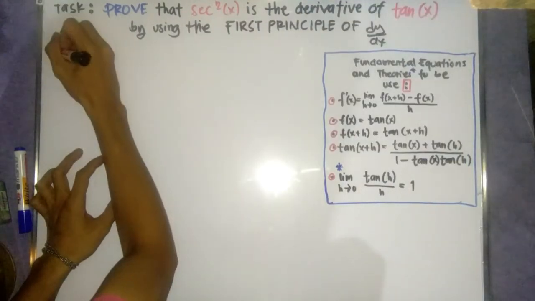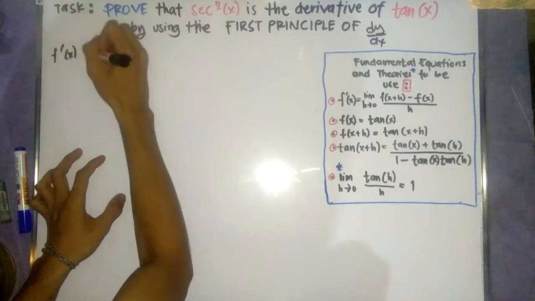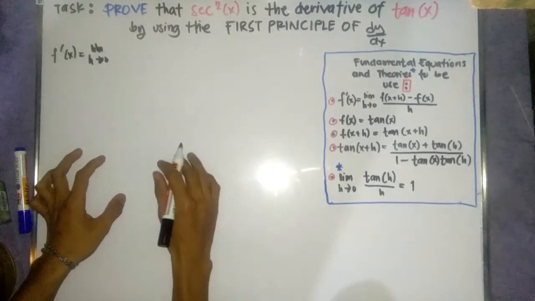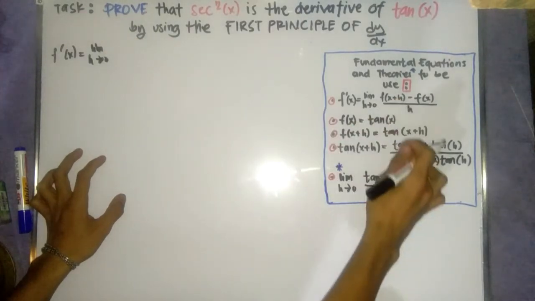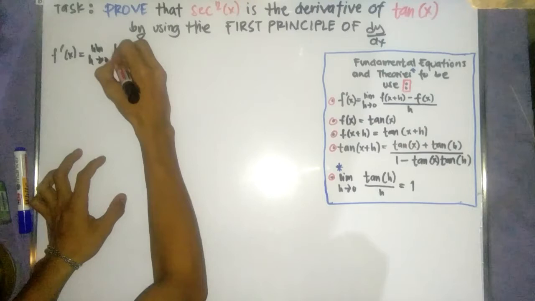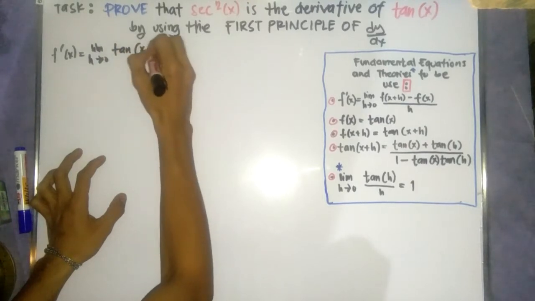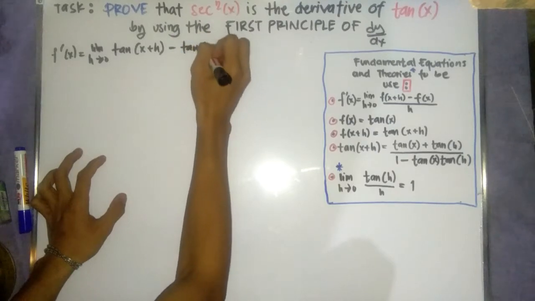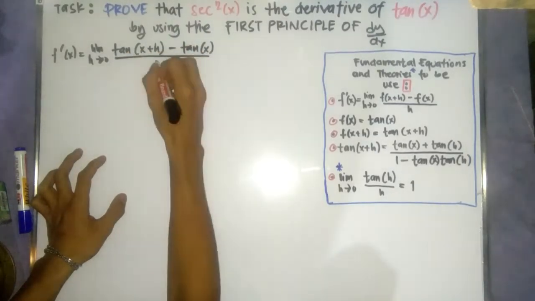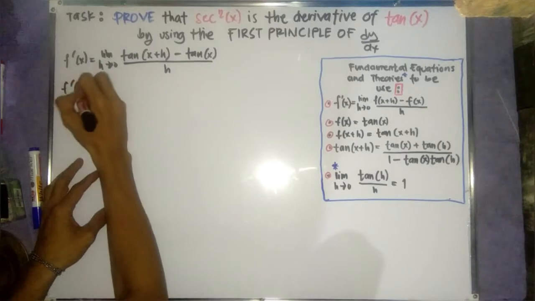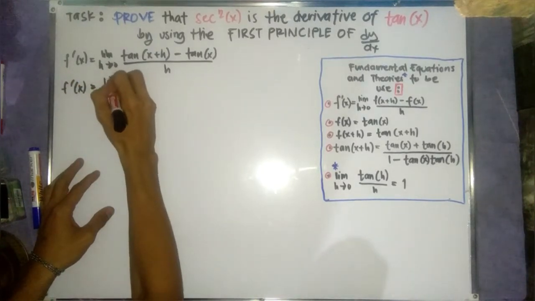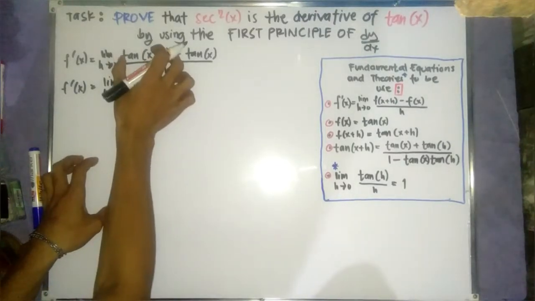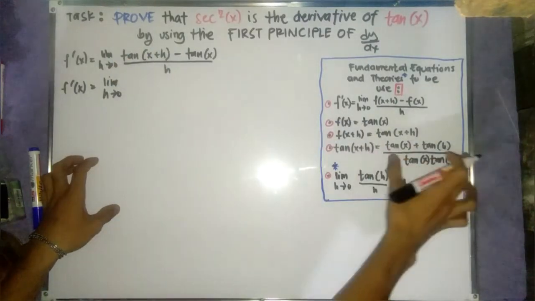So write f prime of x is equal to the limit as h approaches 0 of the function f of x plus h, ito yon, tangent x plus h, minus the initial function tangent x all over h. Sunod naman, limit as h approaches 0. Ito, ang identity nito, sum of two angles ng tangent ay ito.